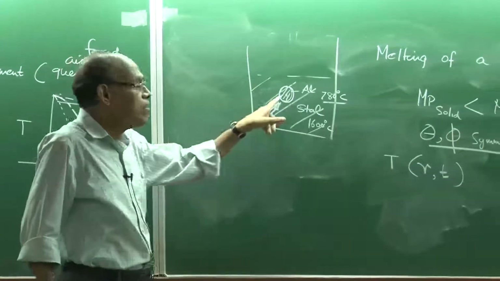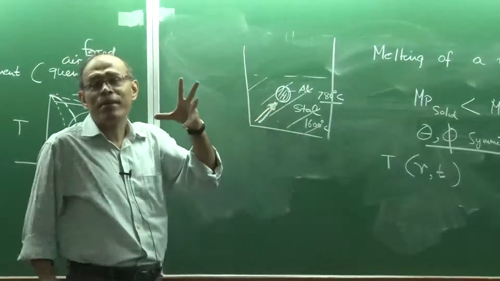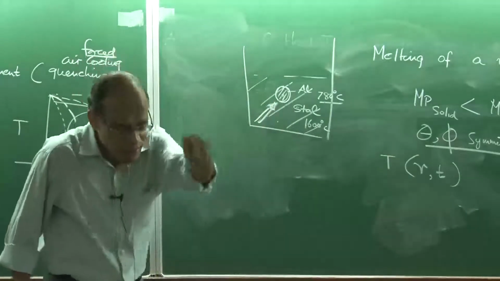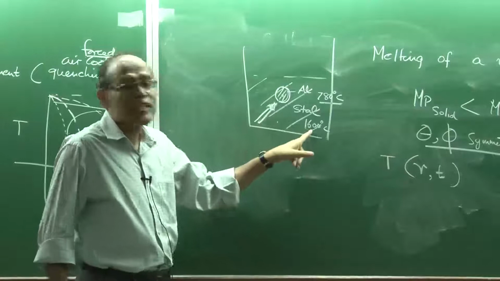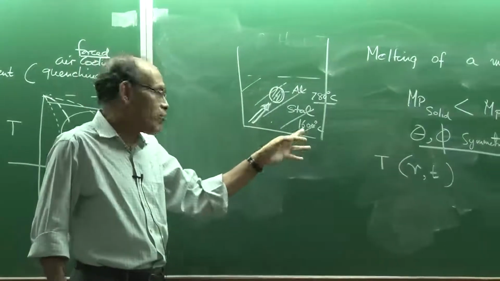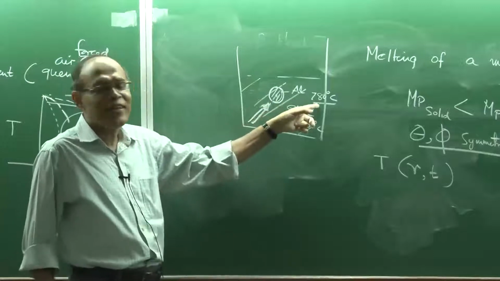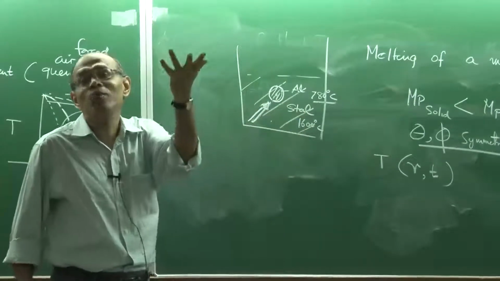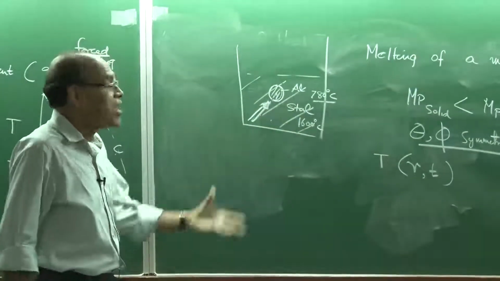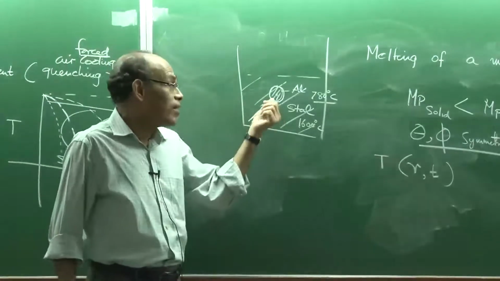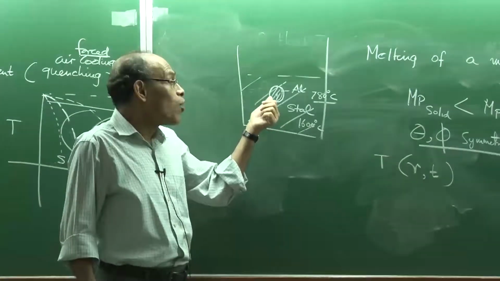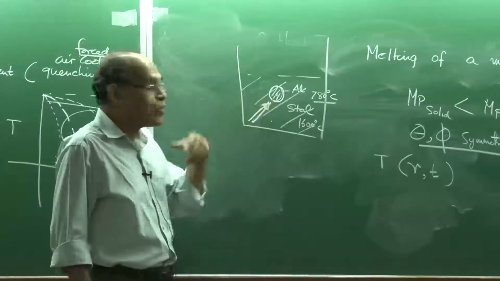So, initially this solid is at room temperature, then all of a sudden it is plunged into the liquid melt, which is maintained at a constant temperature, and suppose this remains constant, and then as a function of time, we know that because it is 780, and the melt is 1600, it is going to be in liquid phase. I want to find out, for example, what should be the complete melting time of this particular solid.